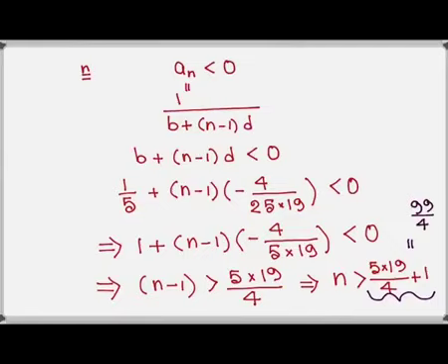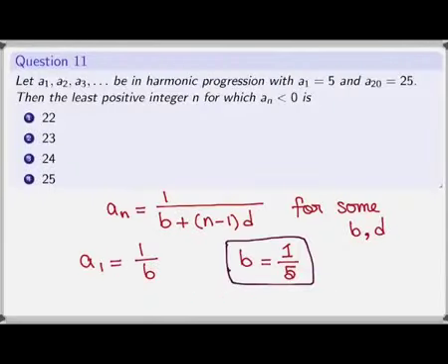So therefore n has to be bigger than or equal to 25 so that an is strictly less than 0. Therefore 25 is the least positive integer for which an is negative. Hence we get option 4 is correct.